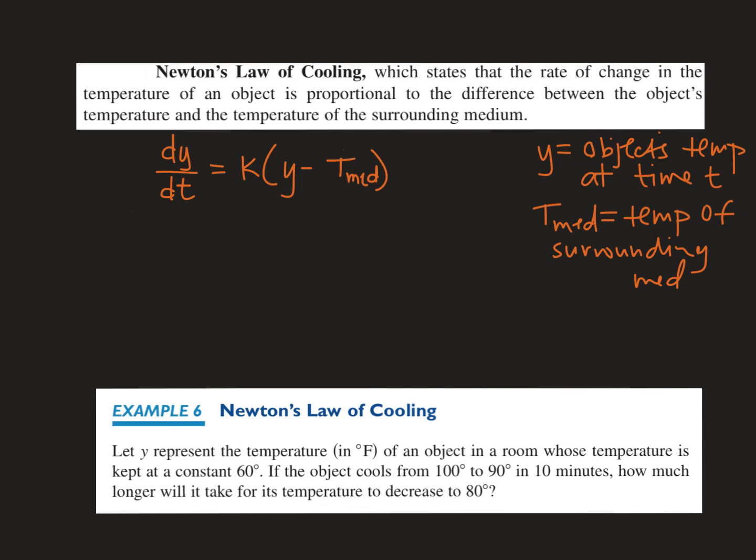So basically, if you brew yourself a super hot cup of coffee and put it in your room, which is probably like 70 or 71 degrees, it will eventually cool. I don't know how hot your coffee is, maybe 100 degrees? It will eventually level out to the temperature of the surrounding room, so 70 degrees.